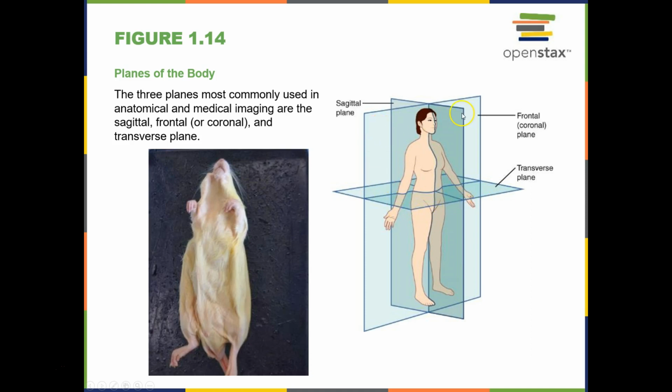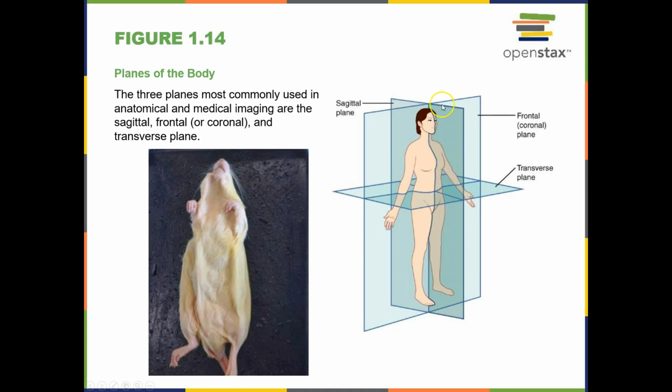The sagittal section is what cuts the body into right and left halves. So this plane right here that I'm moving my pointer along, that's the sagittal plane. And it has one eye on one side and the other eye on the other side of that plane.